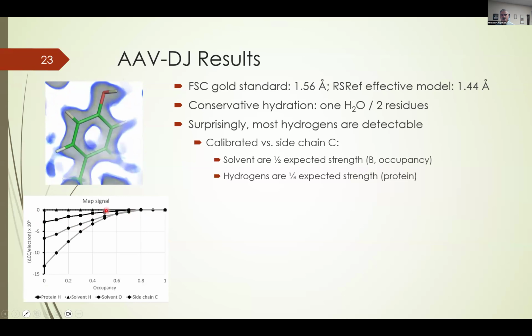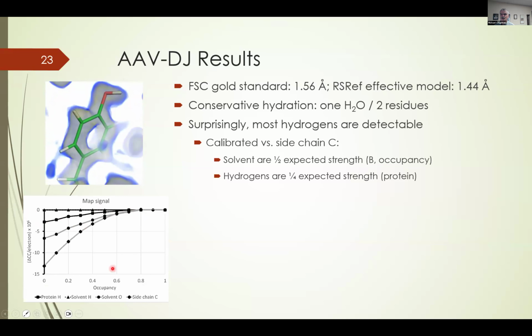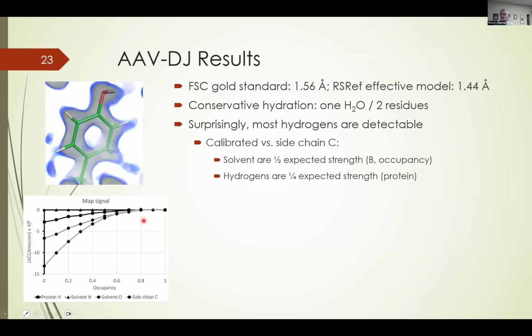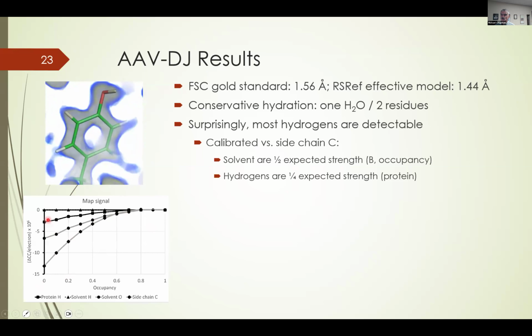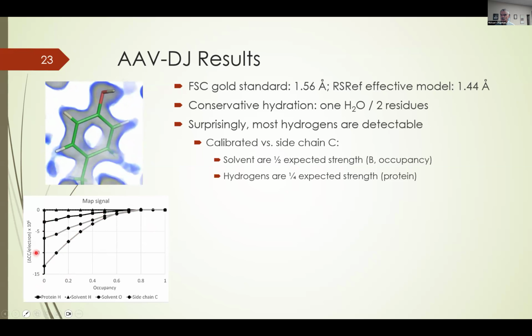We calibrated that to doing the same thing using side chain carbons, and that's this curve right here. So what we're seeing is that the hydrogens that we're modeling are about 1/4 of the expected strength as calibrated against side chain carbons. The middle curve here is for solvent water molecules.